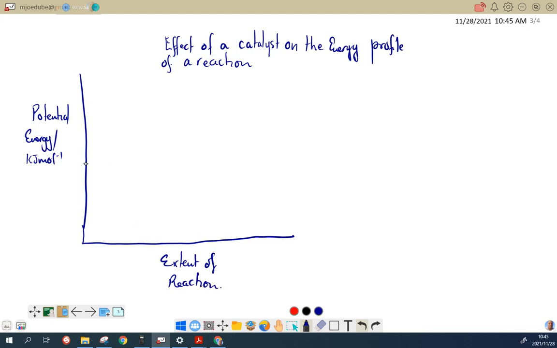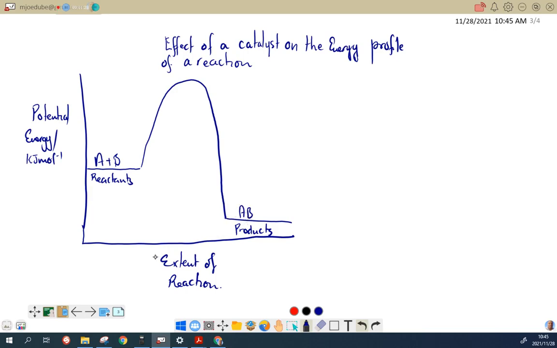So we've got substances that are going to be reacting, and then we are going to have that profile, and then you have your product. And then we've got your reactants. So let us say you've got substance A plus substance B reacting to form your substance AB.